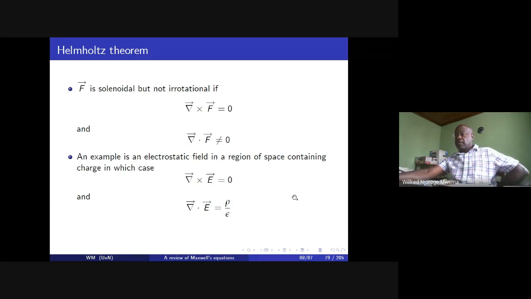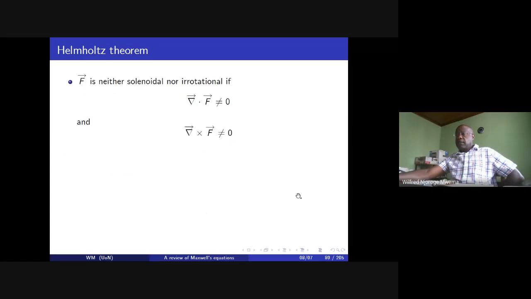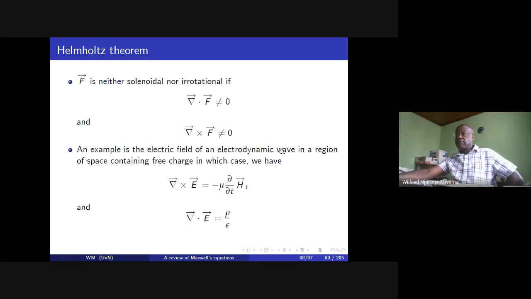Okay. Now, the general case is when F is neither solenoidal nor irrotational. That is, both the divergence is not zero and the curl is not equal to zero. That's the general case. But we can always split it into a component that is irrotational and a component that is solenoidal.